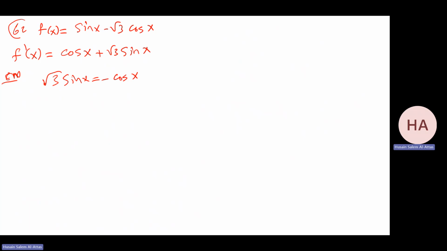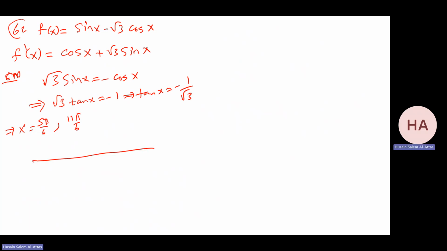If I divide by cosine, I have square root of 3 tan x equal minus 1. That implies tan x equals minus 1 over square root of 3. That means second and fourth quadrant, with the 30 degree angle as the reference angle. So x will be 5 pi over 6 and 11 pi over 6.